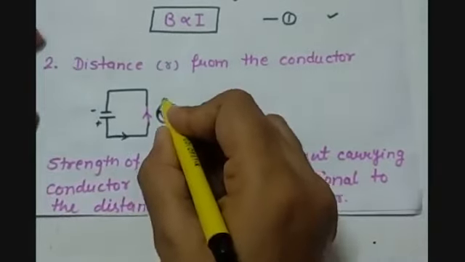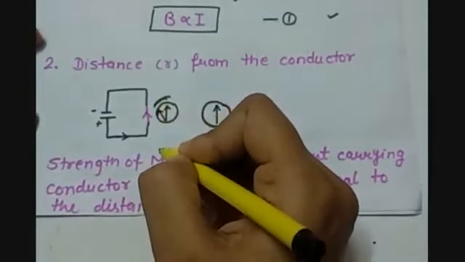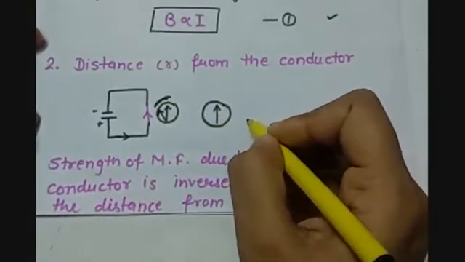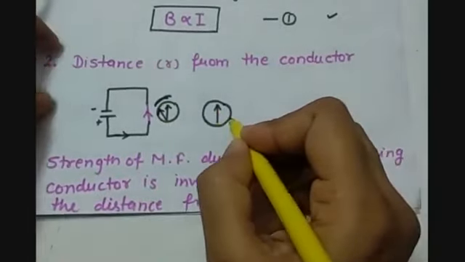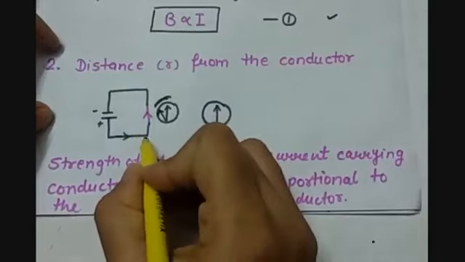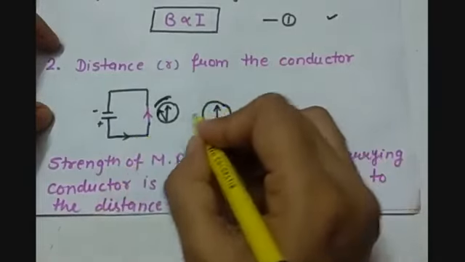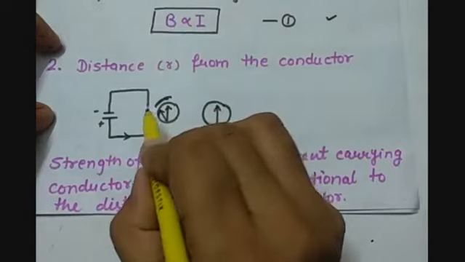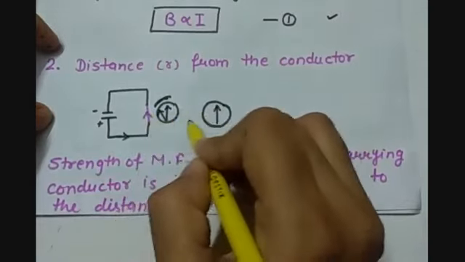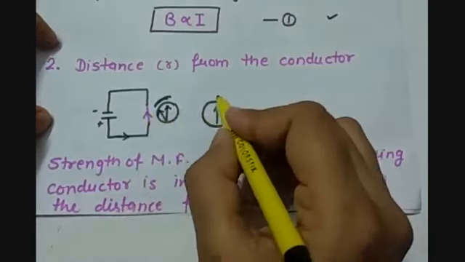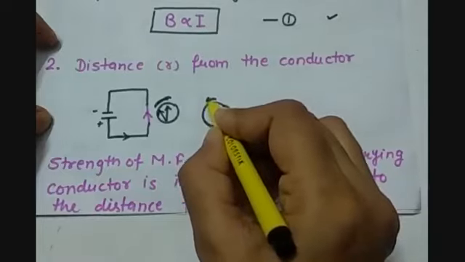But when we keep it away from the wire, although it should be in the range of the magnetic field of the conductor, it is weak, because as we go away, the magnetic field strength decreases. So this deflection will be low.